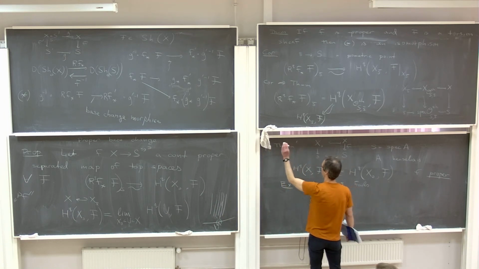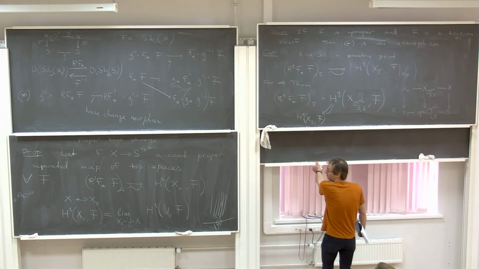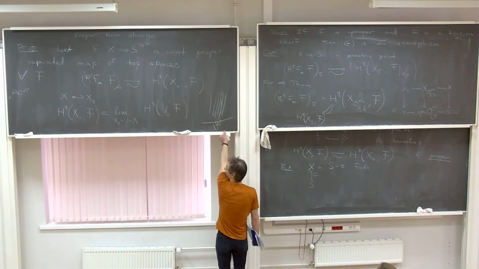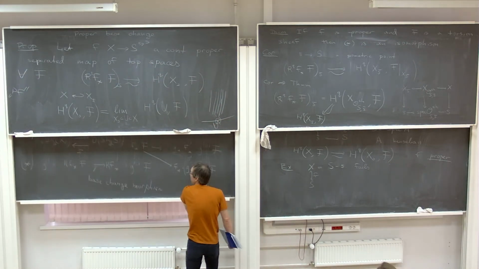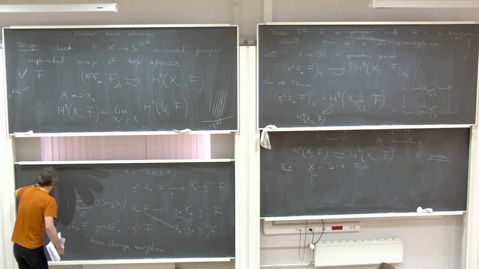The proof takes half a page, and it is, for example, in the Stacks Project. So here is one more example that shows what may go wrong when the map f is not proper.